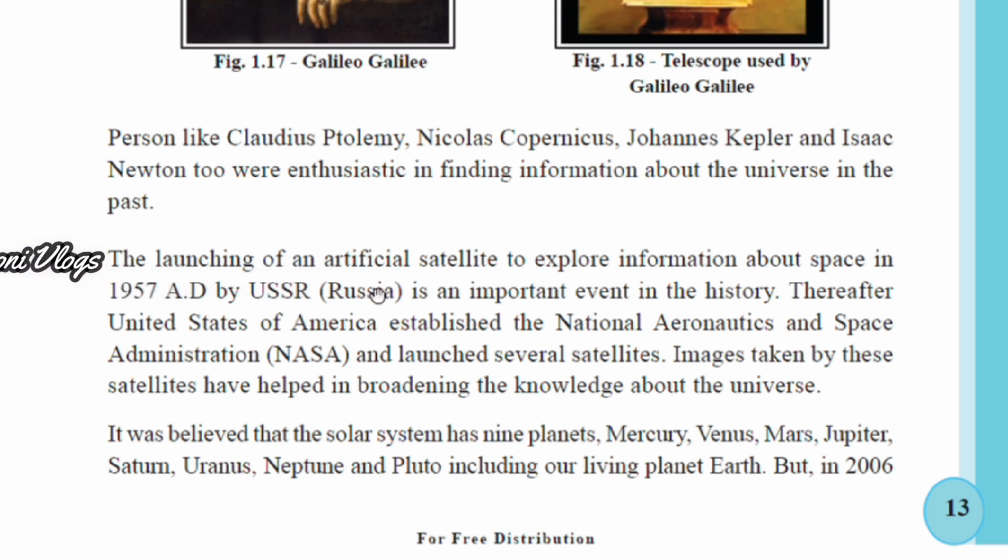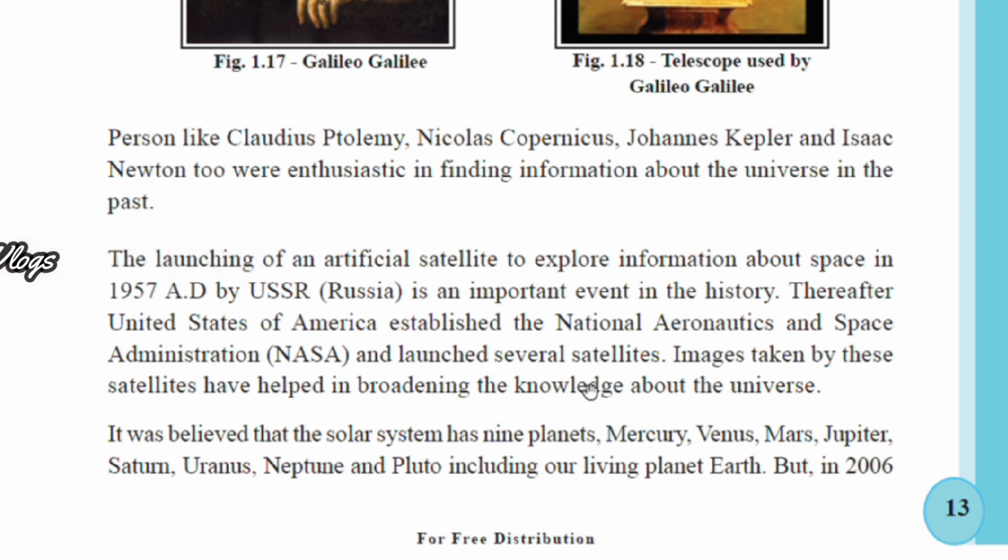The launching of an artificial satellite to explore information about space in 1957 AD by the USSR, Russia, is an important event in history. Thereafter, the United States of America established the National Aeronautics and Space Administration (NASA) and launched several satellites. Images taken by these satellites have helped in broadening the knowledge about the universe.